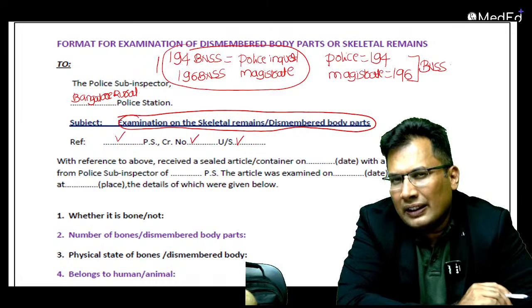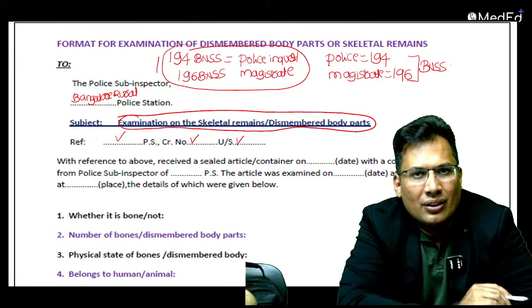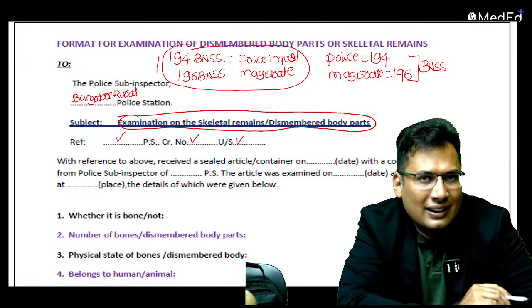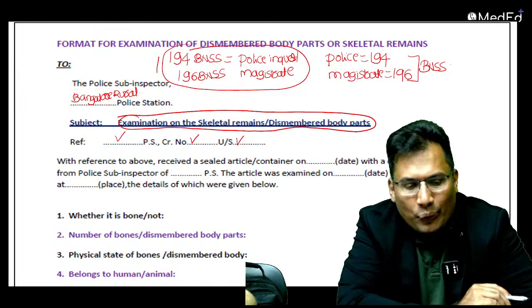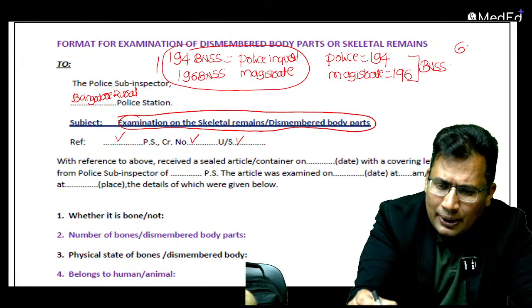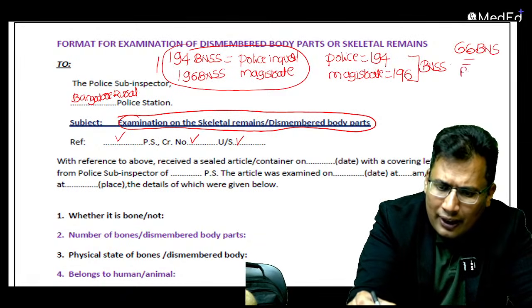It can be a case of murder 103 BNS, 64 BNS, that is rape, 66 BNS, rape and murder. So the viva question can be asked, what is 66 BNS? 66 BNS is equal to rape and murder.